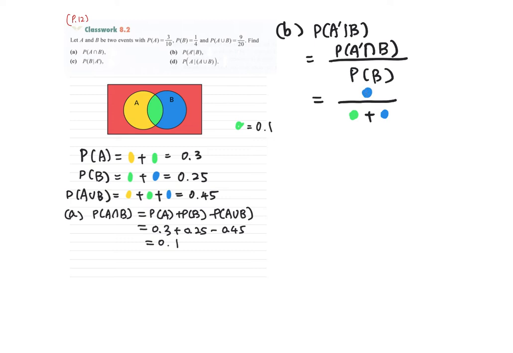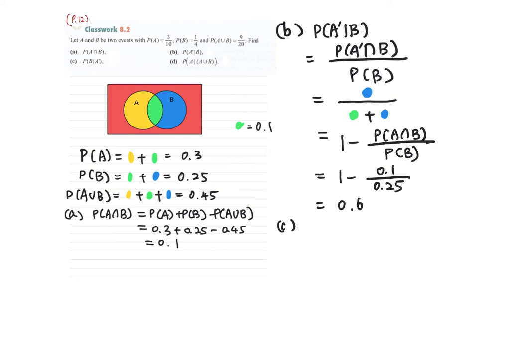Okay, it's something like this. But how to find it? Actually, you can see it as 1 minus something like this. Of course, you can also see it in this way, which means it's 1 minus the probability of this one over this one. So you can say it's 1 minus, and then this probability already found is 0.1, and this is 0.25. So altogether it is 0.15 over 0.25, so this is 0.6. Okay, so this is part B.